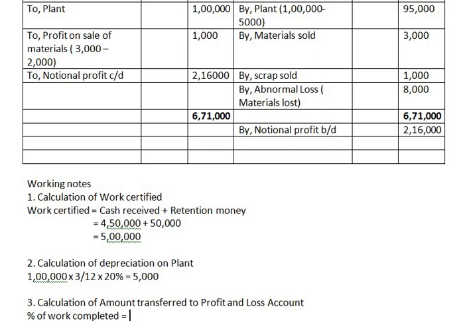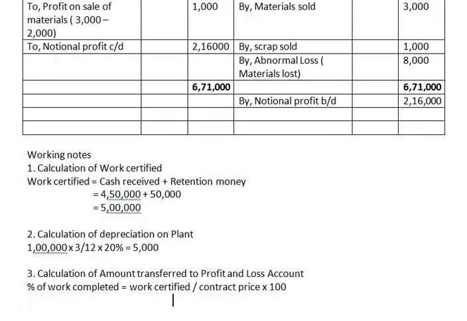That equals work certified divided by contract price into 100, which is 5 lakh rupees divided by 10 lakhs into 100, equals 50%.